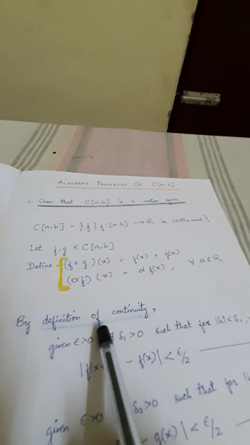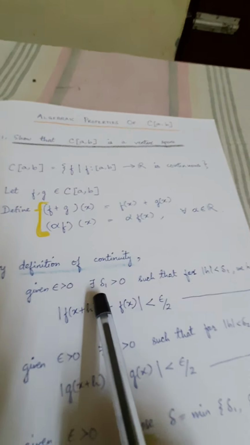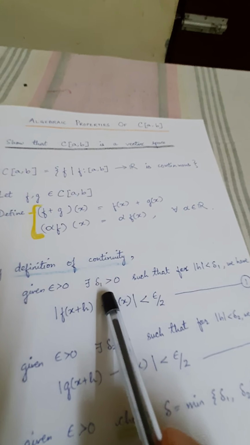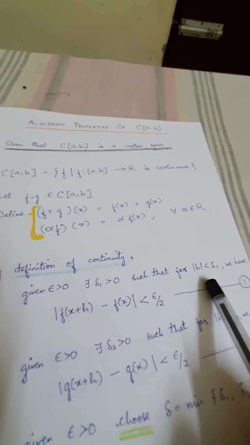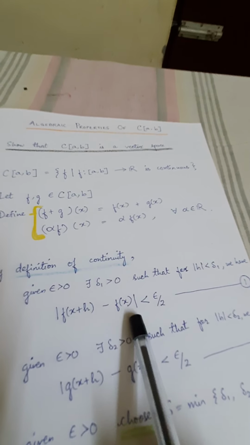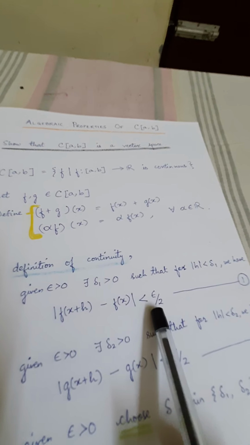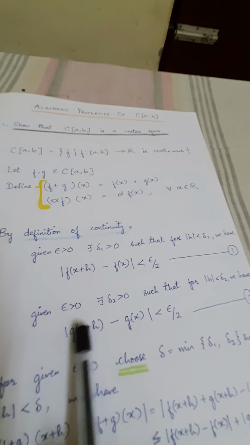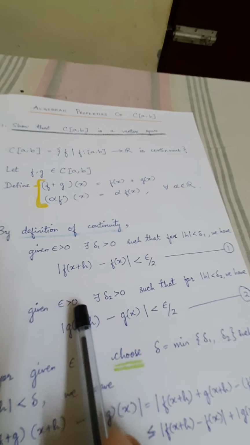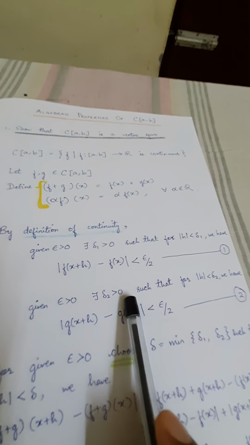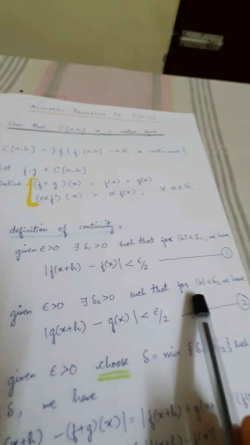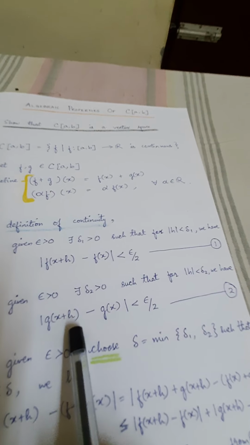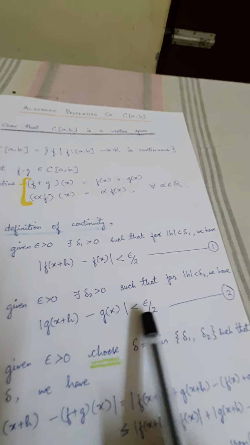So, by definition of continuity, we know that given epsilon greater than 0, there exists delta 1 greater than 0 such that for mod h less than delta 1 we have mod f(x plus h) minus f(x) less than epsilon by 2. Similarly for g, given epsilon greater than 0, there exists delta 2 greater than 0 such that for mod h less than delta 2 we have mod g(x plus h) minus g(x) less than epsilon by 2.